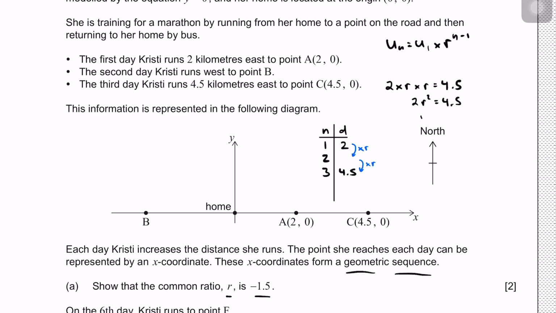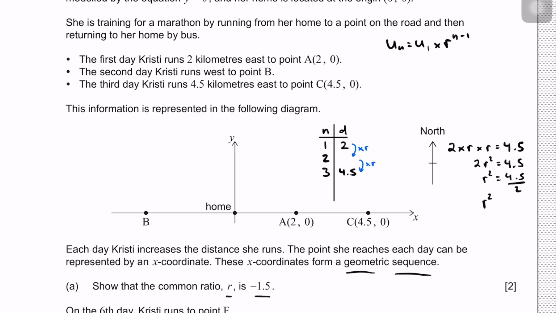Getting r squared all by itself, this would be 4.5 over 2. And then, of course, taking the square root of both sides, we would have a positive negative. Here, we have r squared is equal to 4.5 over 2. I'm going to clean it up just a little more. This is equal to 2.25.